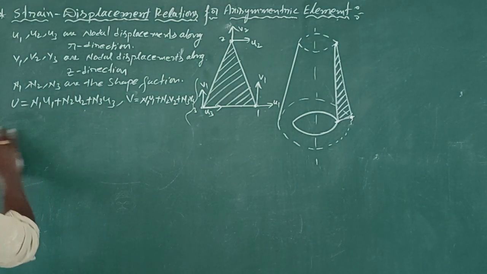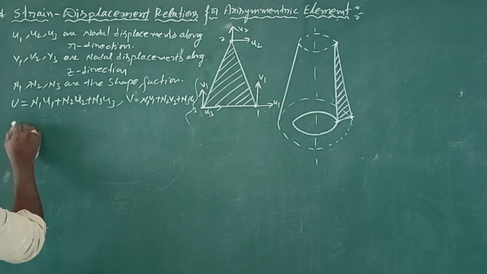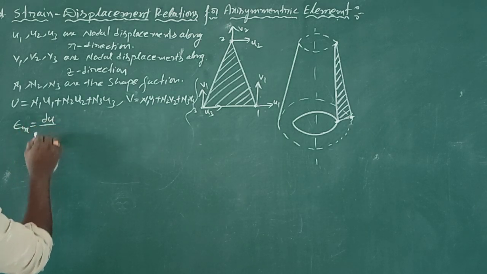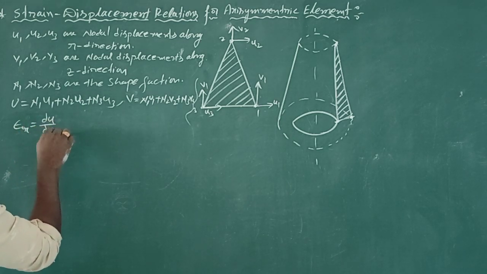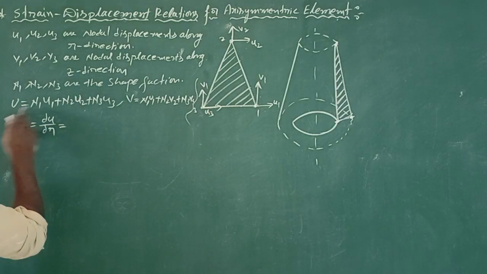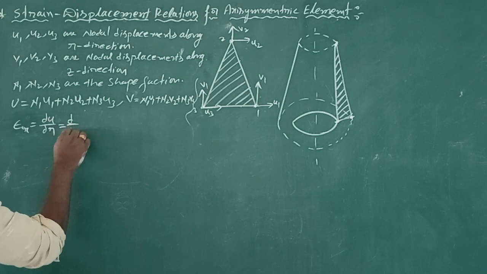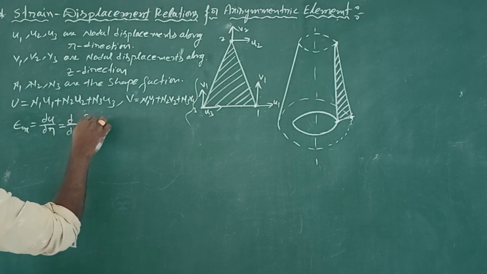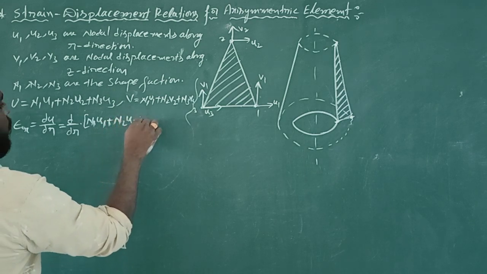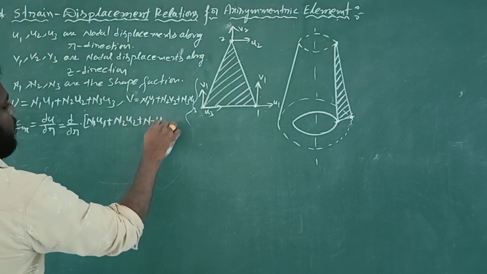There I got a relation: the radial strain epsilon r is equal to dou u by dou r, where u is n1 u1 plus n2 u2 plus n3 u3.